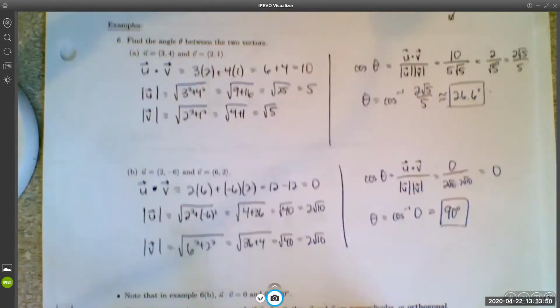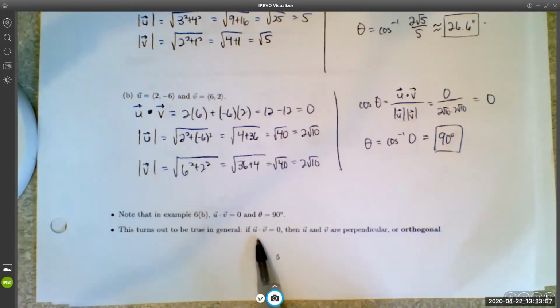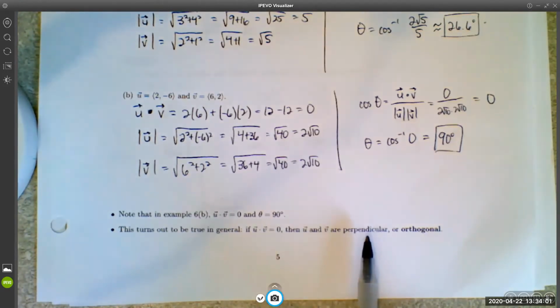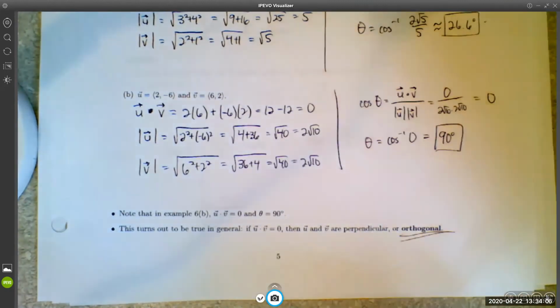And that's true in general. To make it even easier, we say if u dot v is 0, then u and v are perpendicular. Or another word for perpendicular is orthogonal. So you'll have a couple homework problems that ask you something like, determine which of these vectors are orthogonal.